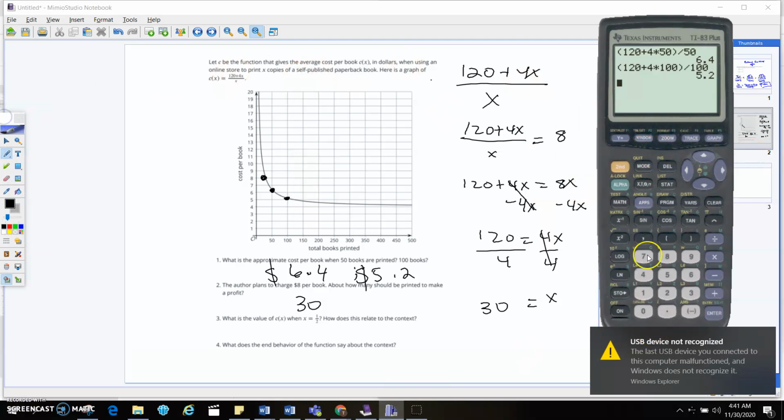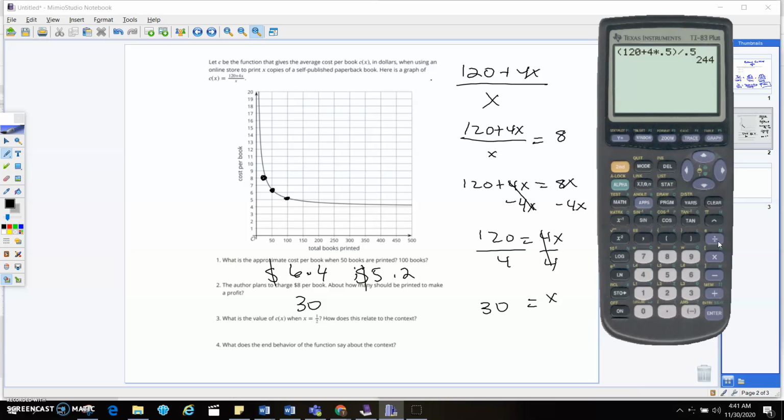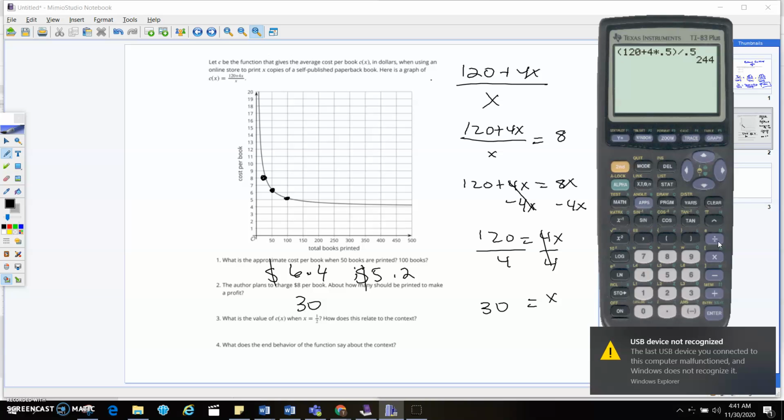If I have 1/2, I'm going to plug it in for x. So I'm going to do 120 plus 4 times 0.5, and then divide it by 0.5. And that's going to give me $244.